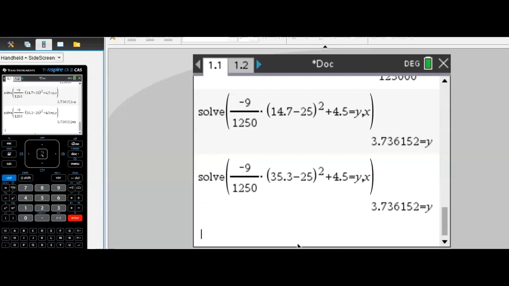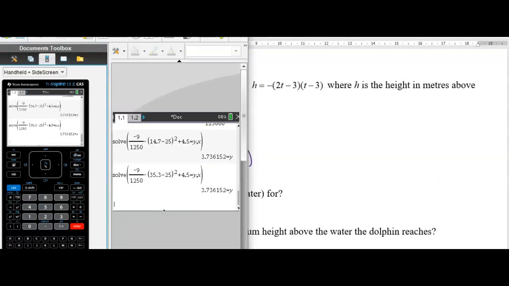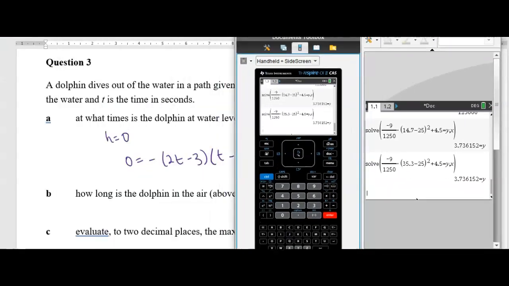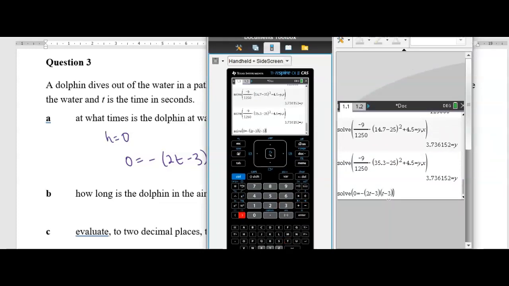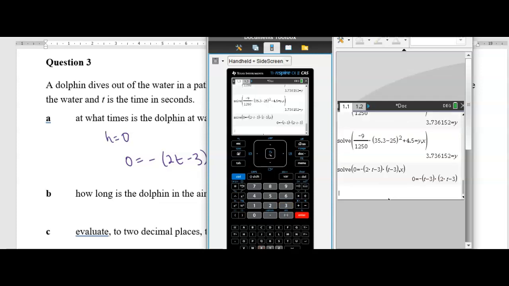I might make this a bit smaller so I can actually see the question. Solve 0 equals negative 2t minus 3t minus 3, comma x.